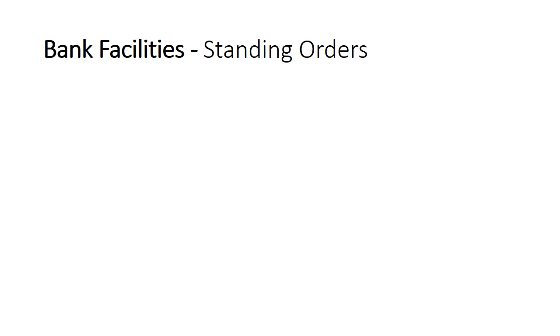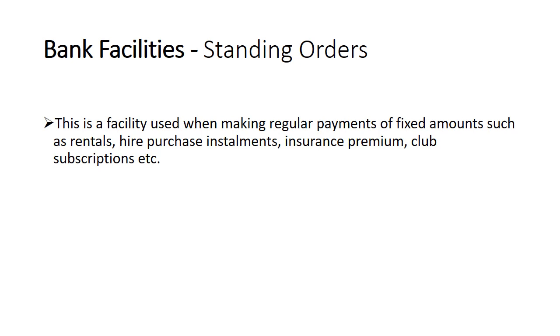Okay, the next bank facility is called a standing order. This is a facility used when making regular payments of fixed amounts, such as rentals, hire purchase installments, insurance premiums, club subscriptions, etc. If for example it's a rental, you're supposed to pay your rentals every month.